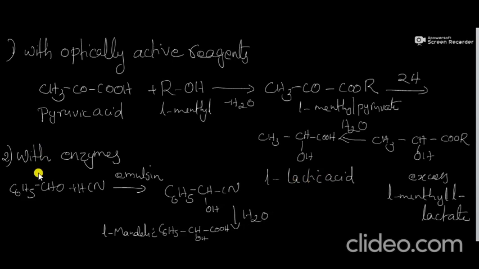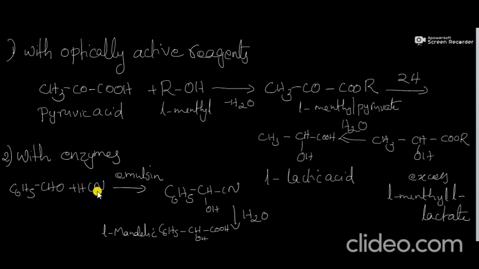Next method is with enzymes: reaction of benzaldehyde with HCN in the presence of an enzyme called emulsin. It will convert it into cyanohydrin. That is an addition reaction of a carbonyl compound with HCN.